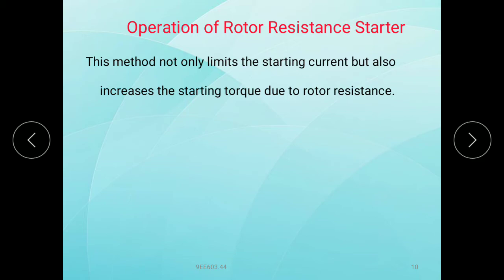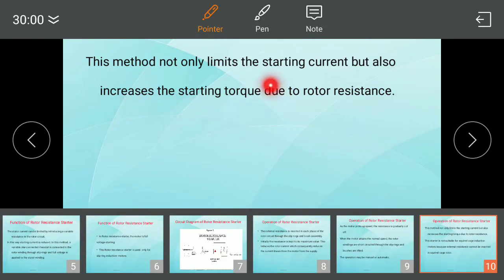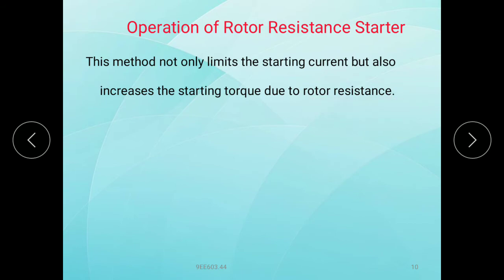Here, this method not only limits the starting current but also increases the starting torque, which is very important, due to rotor resistance. In general, in star delta starter, the starting torque is reduced to one third.